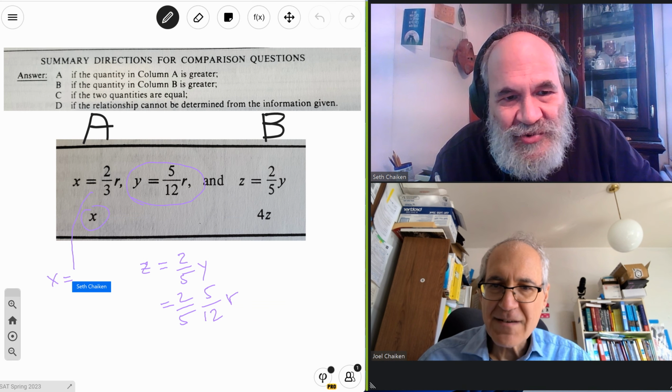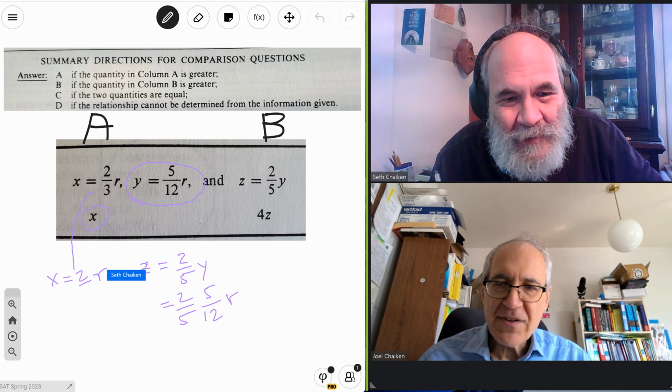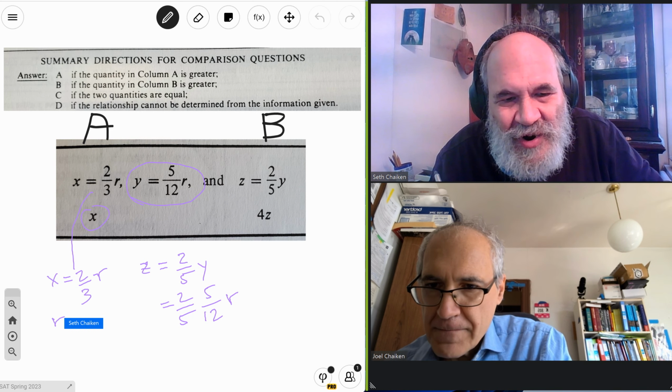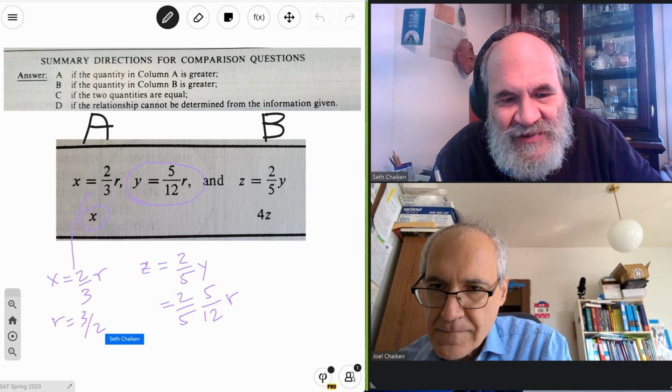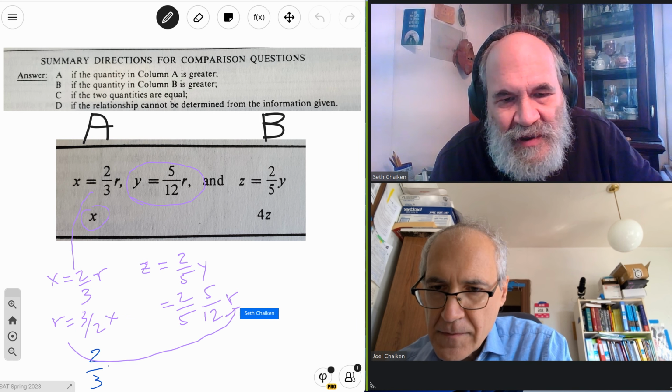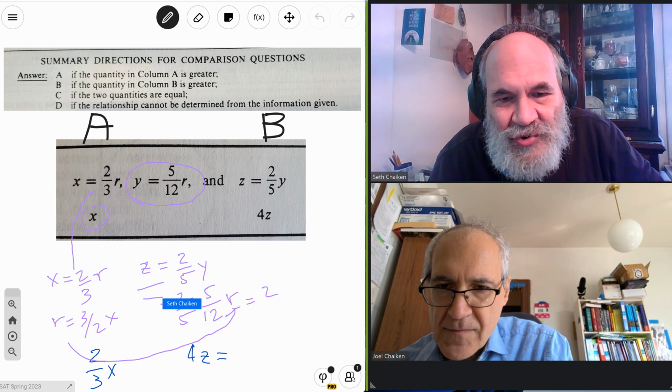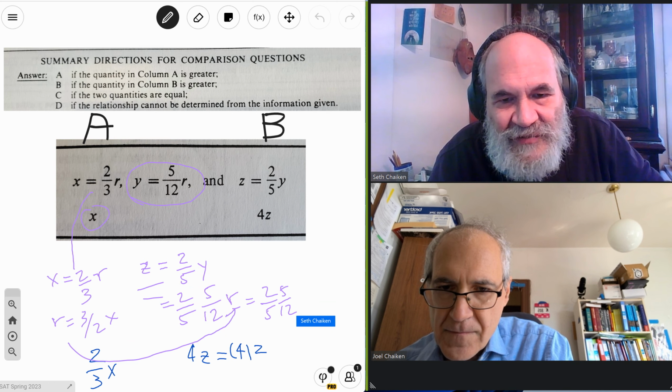Well, no, X is equal to 2/3 R. Now you can just make the comparison directly. So R is equal to 3/2 of X. So we can eliminate R. So Z is equal to 2/5 of 5/12 of 3/2 of X.